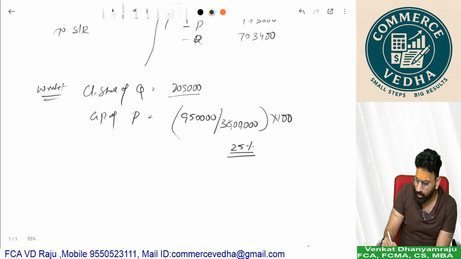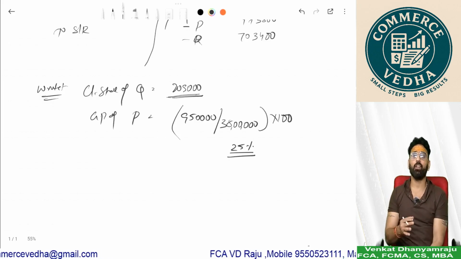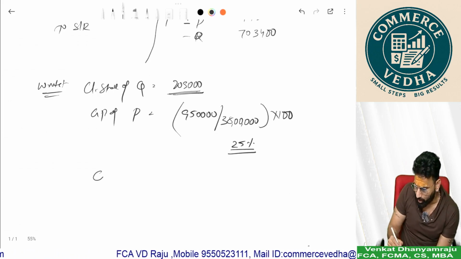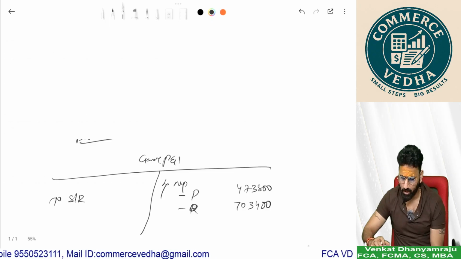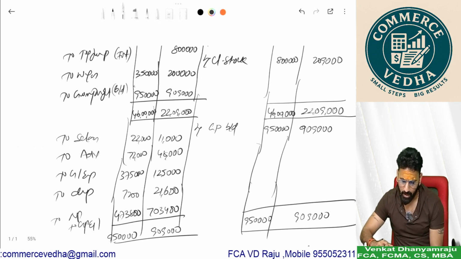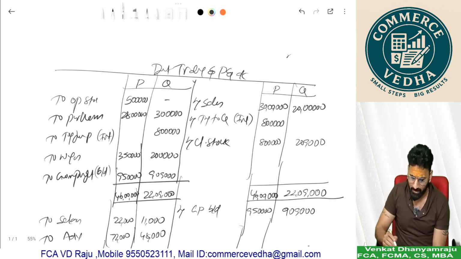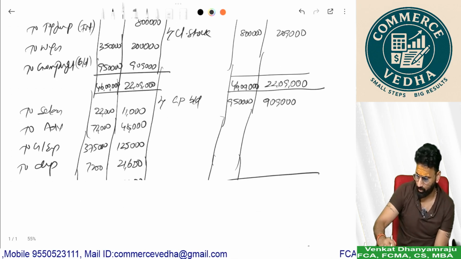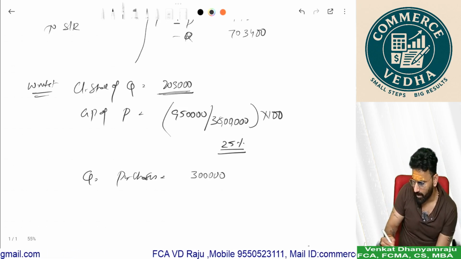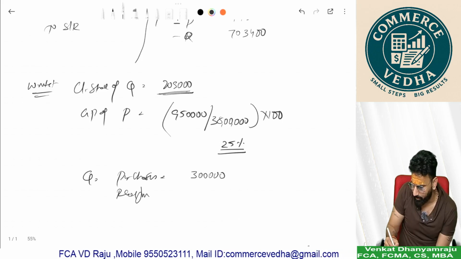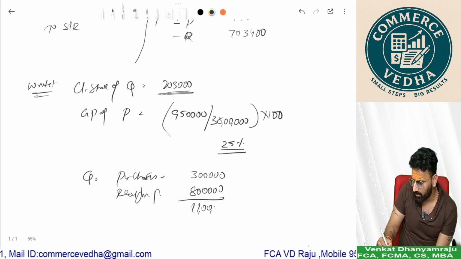Now, out of this closing stock, how much is from own purchases and how much is from P, we should identify. There is no base given. Now what should we do? Q's purchases in the question are 3 lakhs and transfer from P is 8. So purchases of Q is 3 and received from P is 8, so total 11 lakhs.